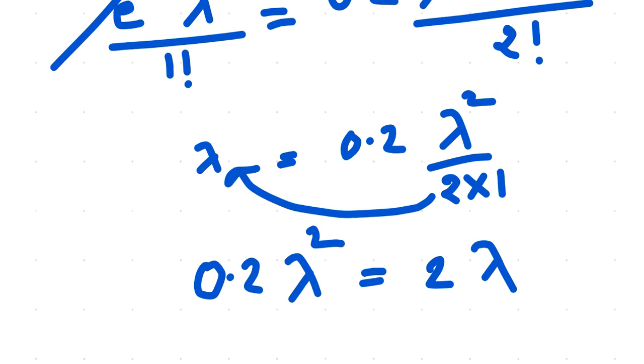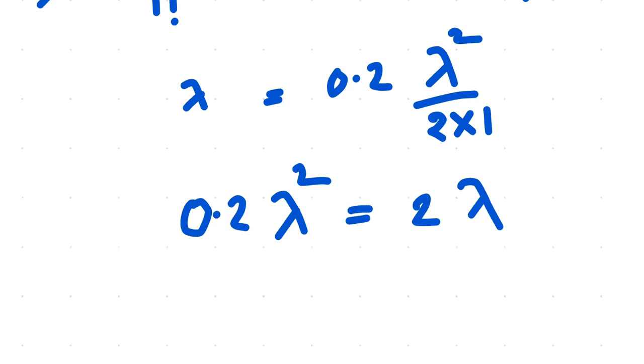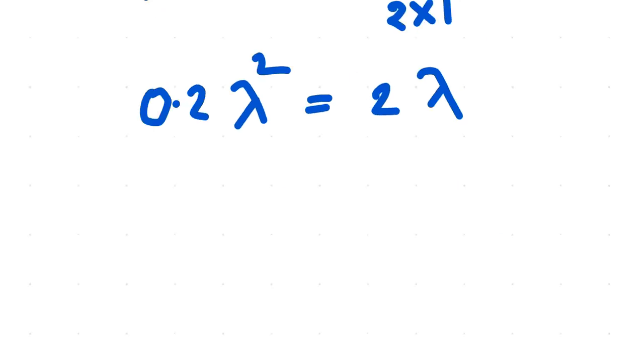Now let us divide. We can cancel one of its powers. Do you know, when we have the same number having different powers, then we can cancel here lambda to the power 1. So we can take it as lambda square over lambda is equal to 2 over 0.2.